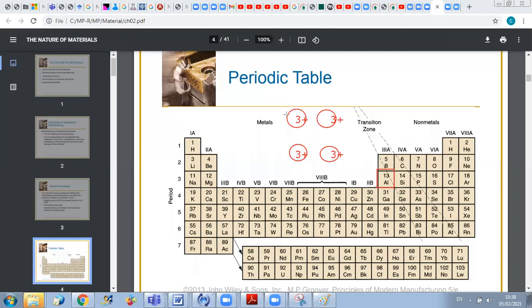So what I can do is put 12 electrons shared between them: 1, 2, 3, 4, 5, 6, 7, 8, 9, 10, 11, and 12. This is called a cloud of electrons shared between the different atoms. So this is for metallic bonding. It's the easiest type of metallic bonding.